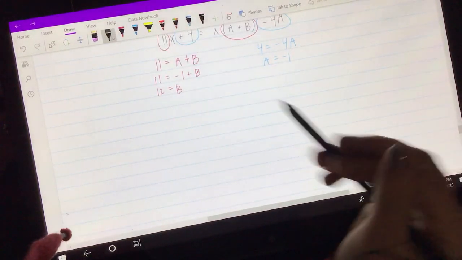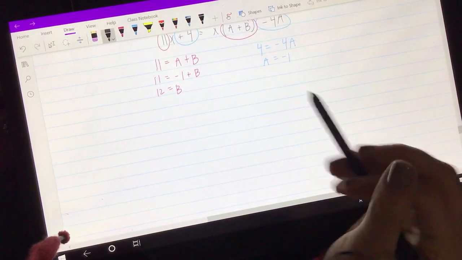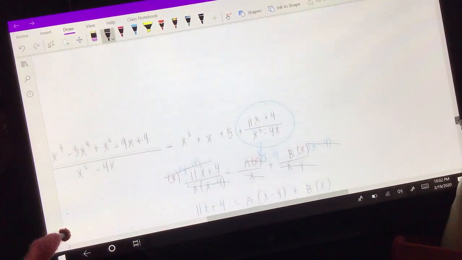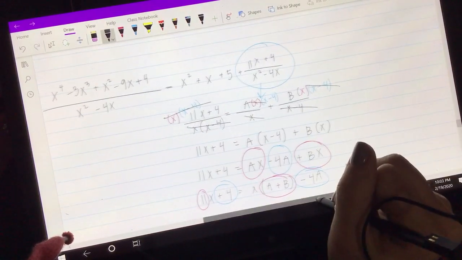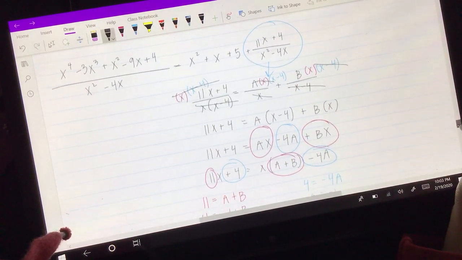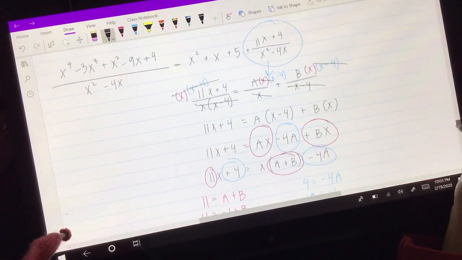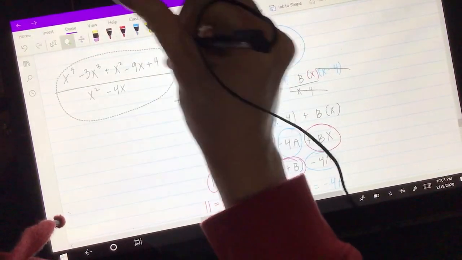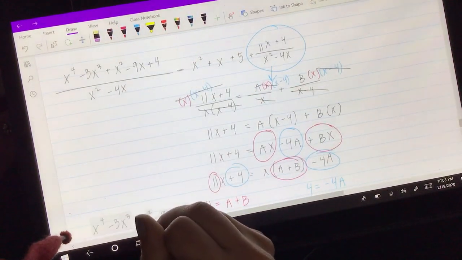Once you have your A and B values, you're nearly finished, but you're not totally completed. You have to go back to the original question and rewrite it. So you have x to the 4th minus 3x cubed. We're going to just rewrite this whole thing.